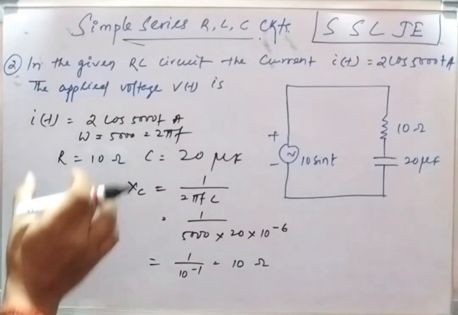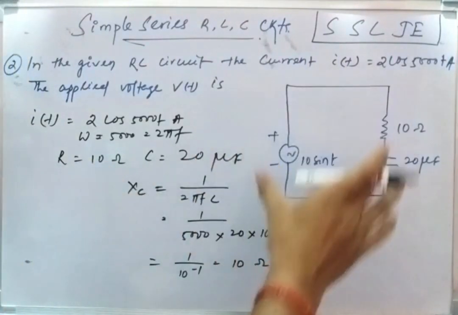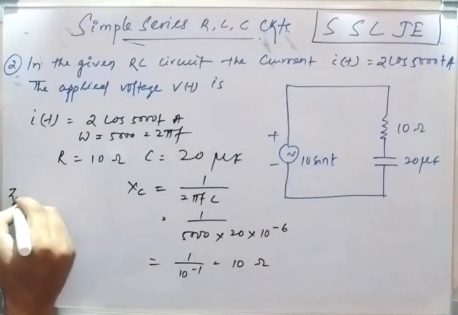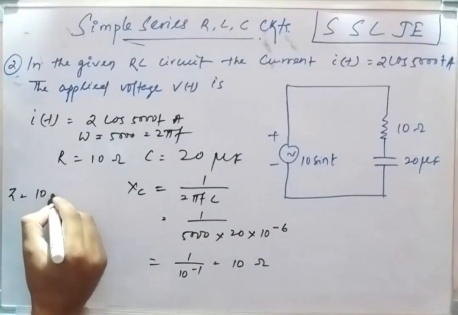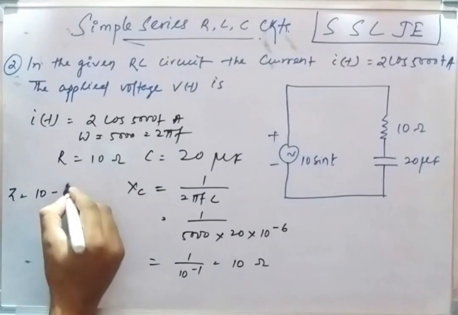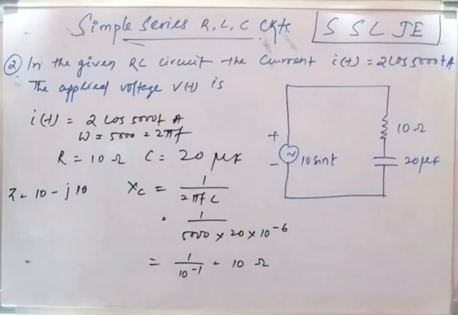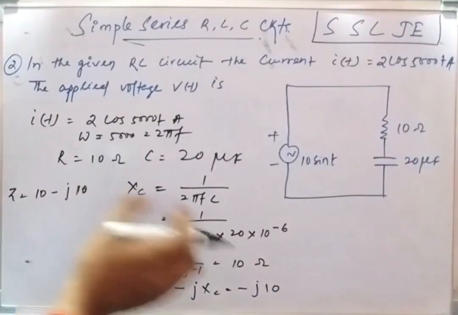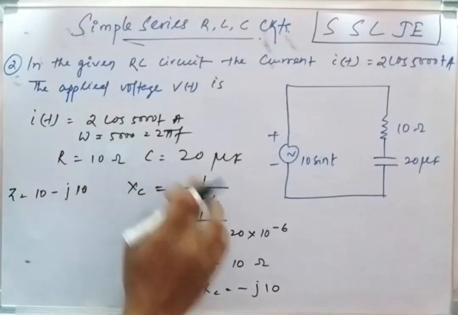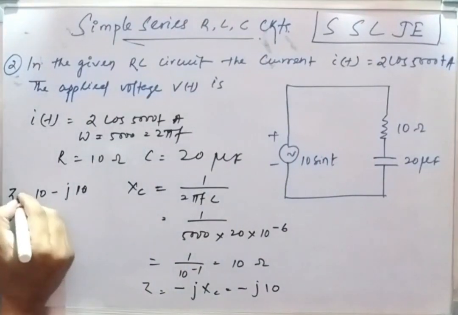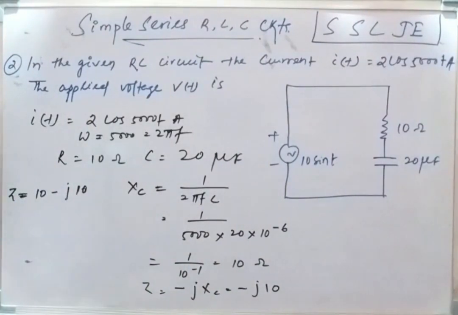Okay, so if I write it in the complex form, I will get Z equals 10 minus J10, because Z equals minus JXC, that is minus J10. So if we combine the resistance and reactance, we get total impedance of 10 minus J10.